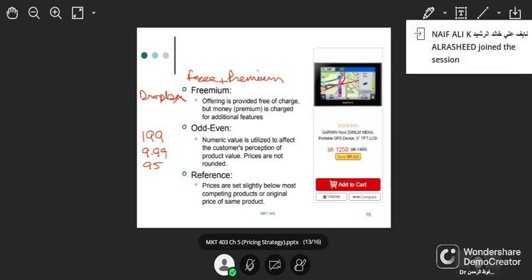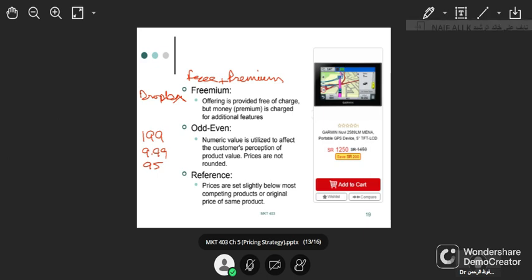Research has shown that we human beings, when we see a number, round it off to the left hand side. So if we see a price that says 199, the impression for us will be, oh, I am buying something in hundreds, where actually I am buying something in 200.